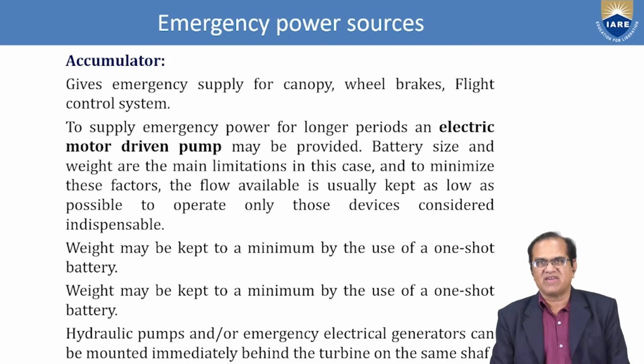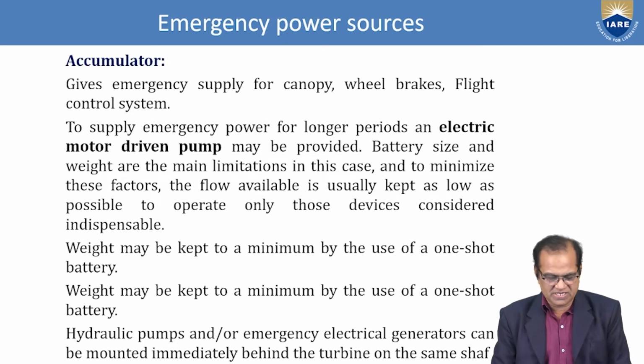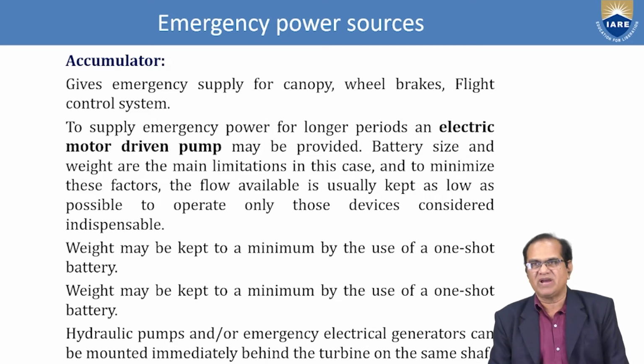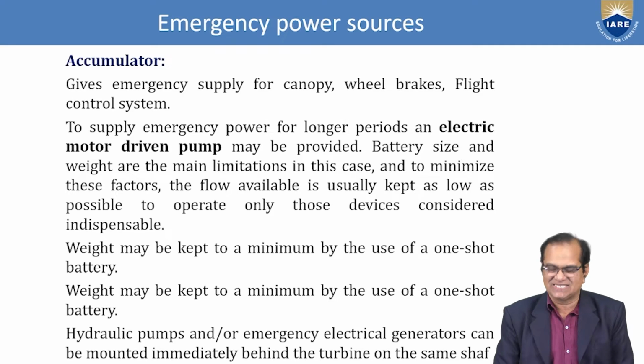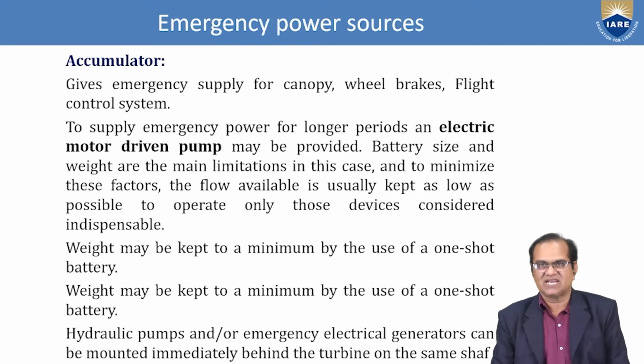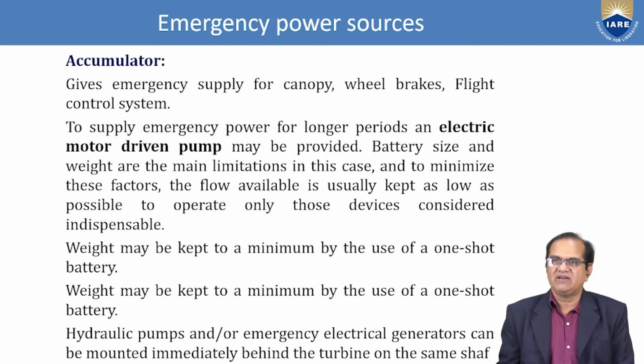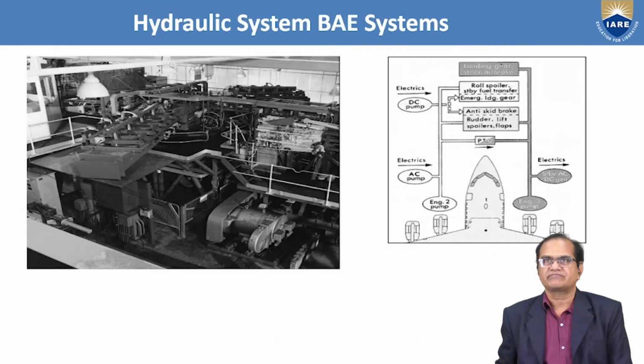Weight may be kept to a minimum by the use of a one-shot battery. So we should use the battery in such a way that it can operate only one time. Hydraulic pumps and or an emergency electrical generator can be mounted immediately behind the turbine on the same shaft.